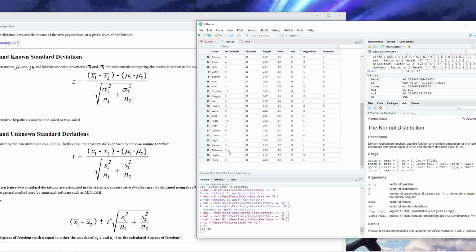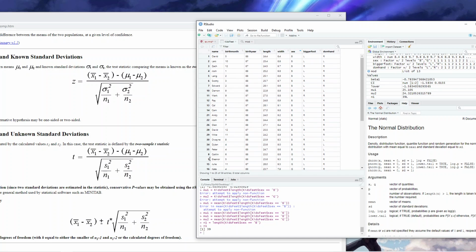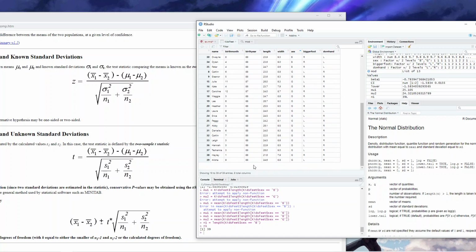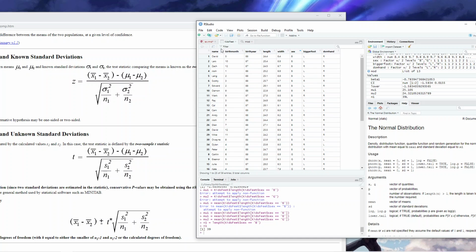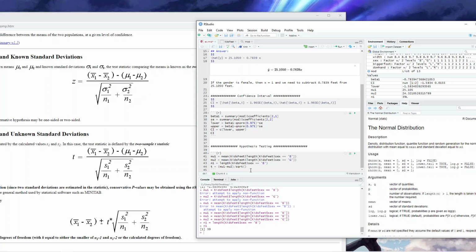I believe there are a total of 39 people. If this equals boy, let me just copy the entire line.